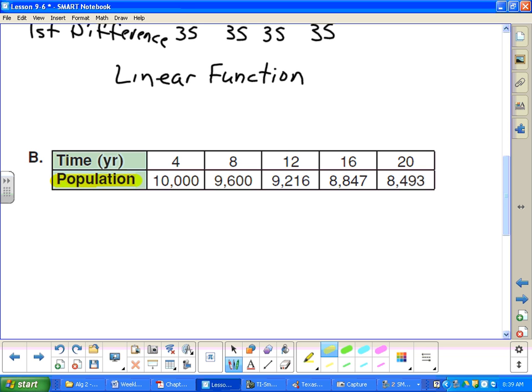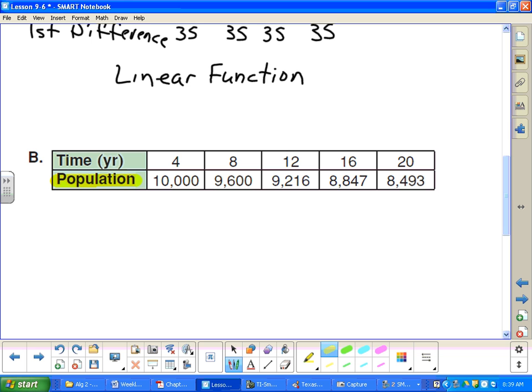Because populations usually change by a percentage, which means it would be which one? Would that be linear, quadratic, exponential, or square root?